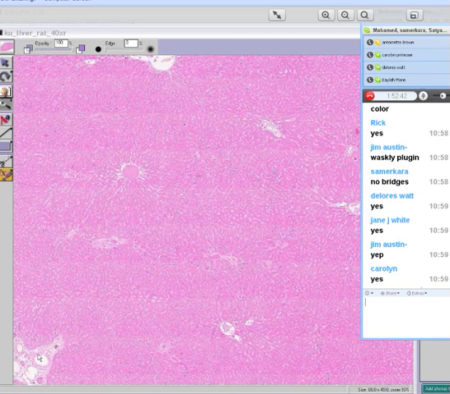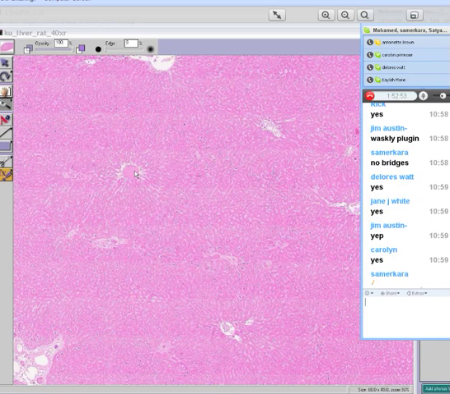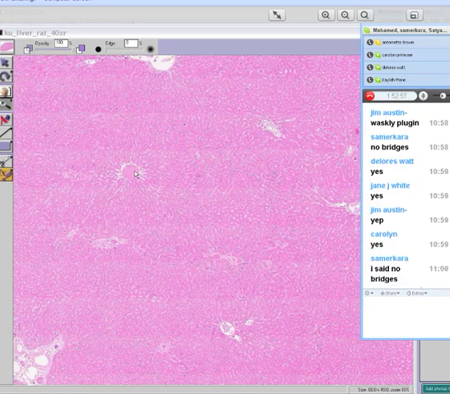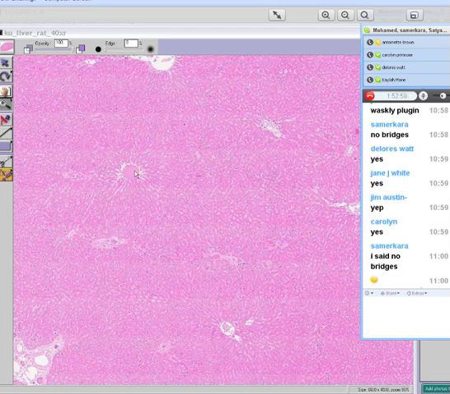Because if it bridges to an adjacent portal vein area, then that's probably early cirrhosis. So all of your loose connective tissue has to be limited to the portal triad. And of course, around the central vein, there is no connective tissue.